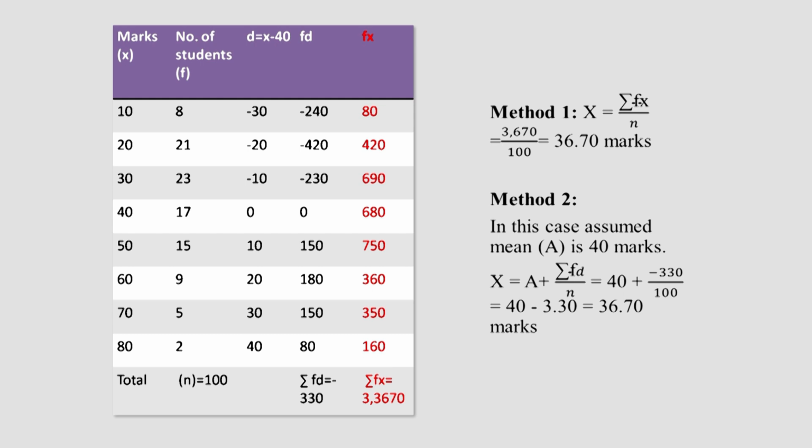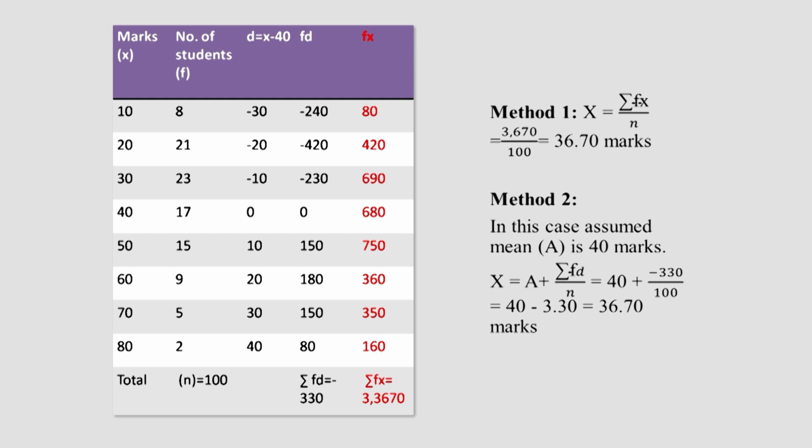Likewise, 20 minus 40 is minus 20, 30 minus 40 is minus 10, 40 minus 40 is 0, 50 minus 40 is 10, 60 minus 40 is 20, 70 minus 40 is 30, and 80 minus 40 is 40. So you have got the value D, which is deviation.